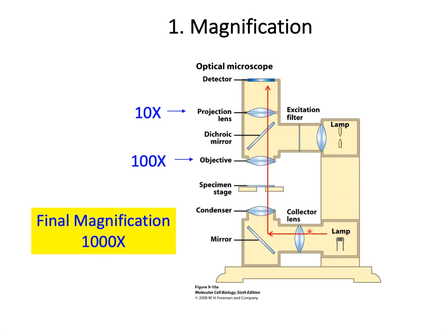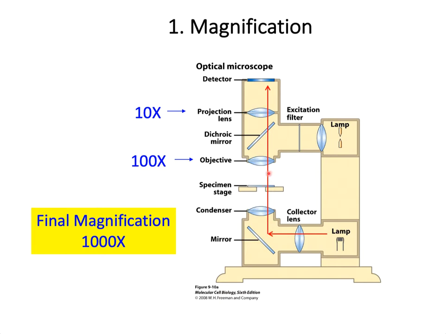There is a light source, a lamp, and a series of collector lenses, a mirror, and a condenser that focus the light on the specimen. I want to mention here that specimens for light microscopy are usually mounted on clear glass or plastic slides or dishes, and they sit on a stage which is usually adjustable.